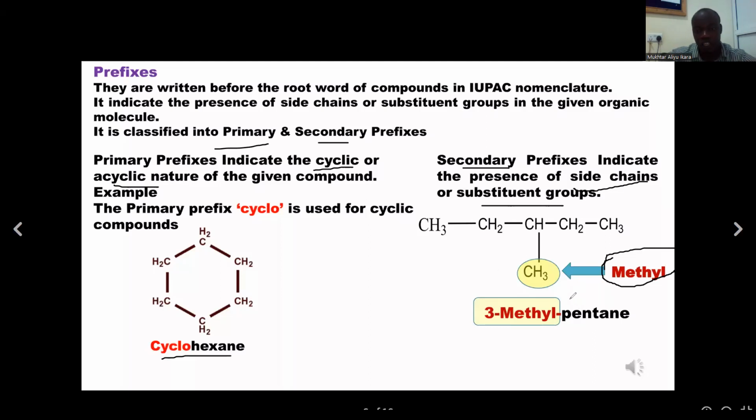So we have 3-methyl as a secondary prefix. Okay. So I think it is clear. For the primary, we have like cyclo, while for the secondary, we have side chain or substituent. And example here, we have methyl, where we have pentane as a parent chain.